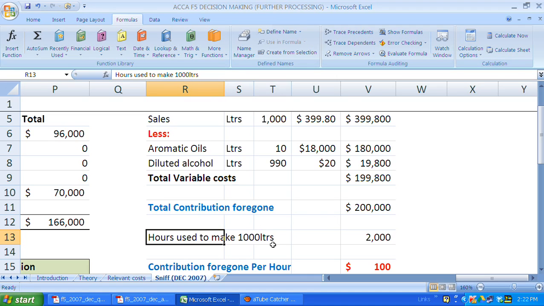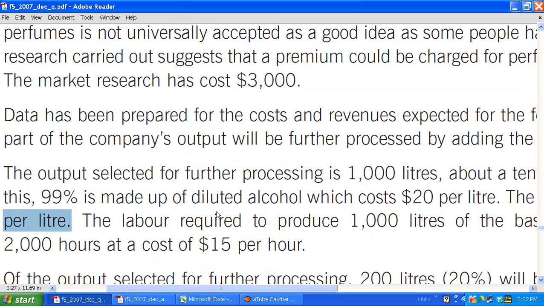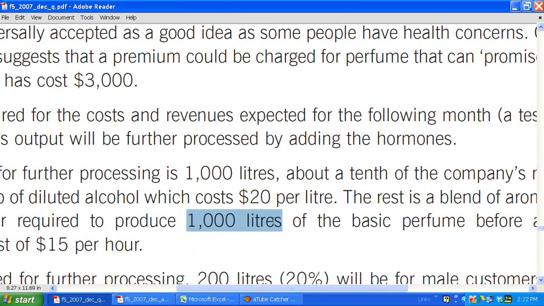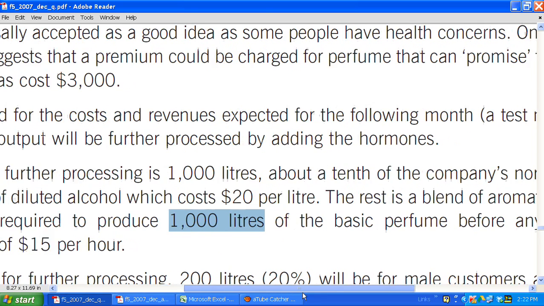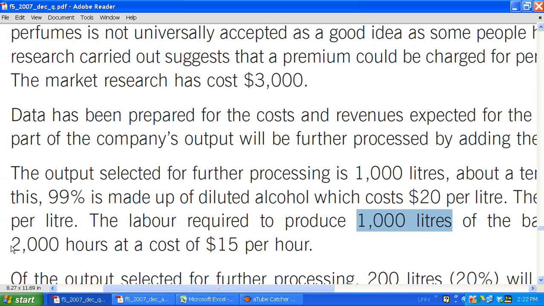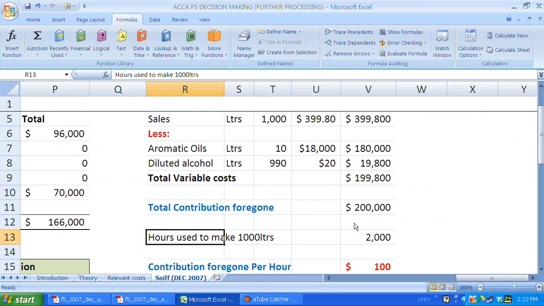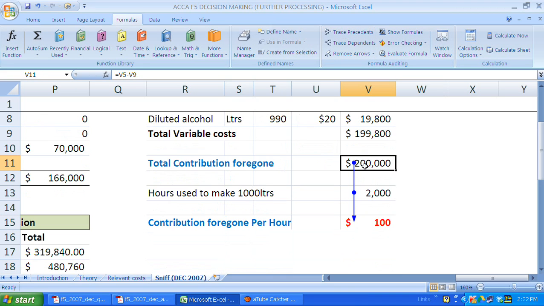Now how many hours did I use to make 1,000 liters? Back to the question: the labor required to produce 1,000 liters is 2,000 hours. Meaning that the rate per hour is 200,000 divided by 2,000, which gives me 100.